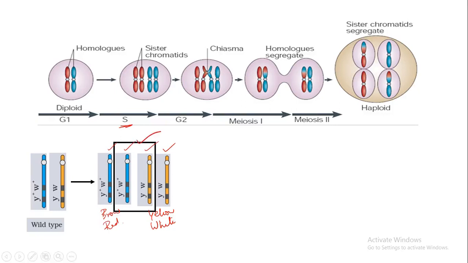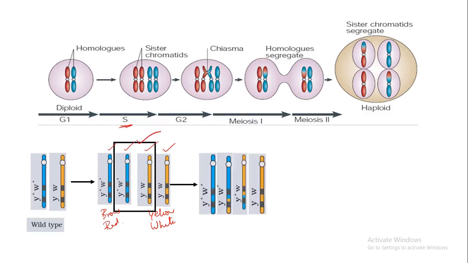So as a result, here look, you can see that in the blue color chromosome we have received the yellow color one, okay, and in the yellow color chromatid we have received a segment of blue color one.